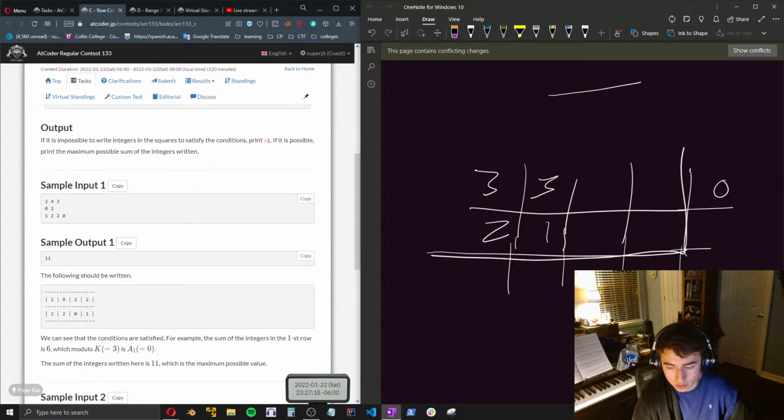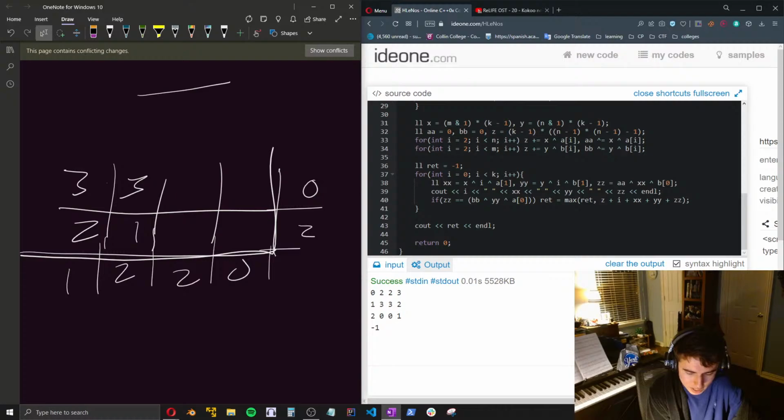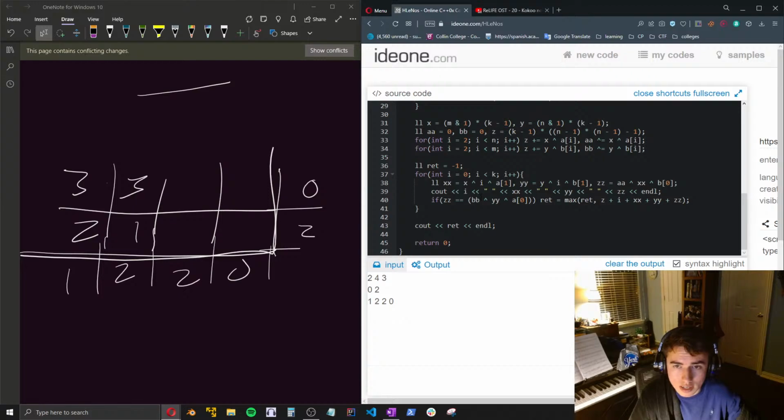And 0, 2. Wish I could read. And then 1, 2, 2, 0. So we imagine putting 0 up here. Huh, why is it not iterating through? I is equal to 3. And M, K.